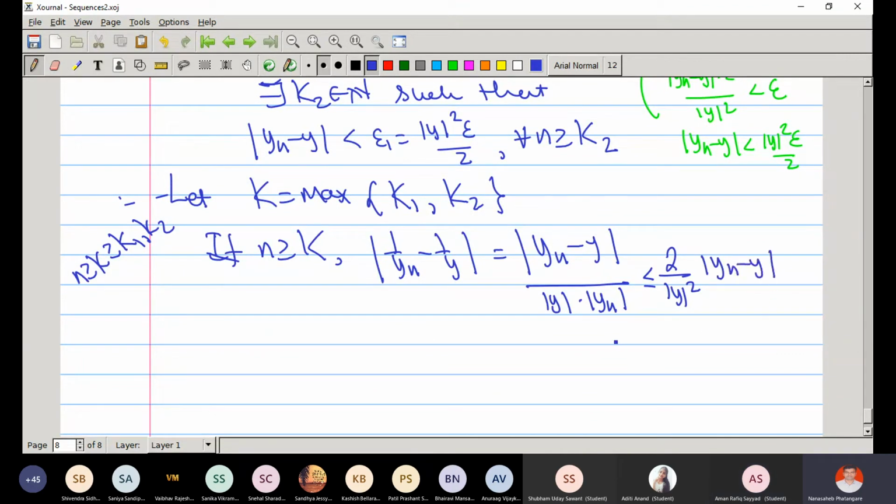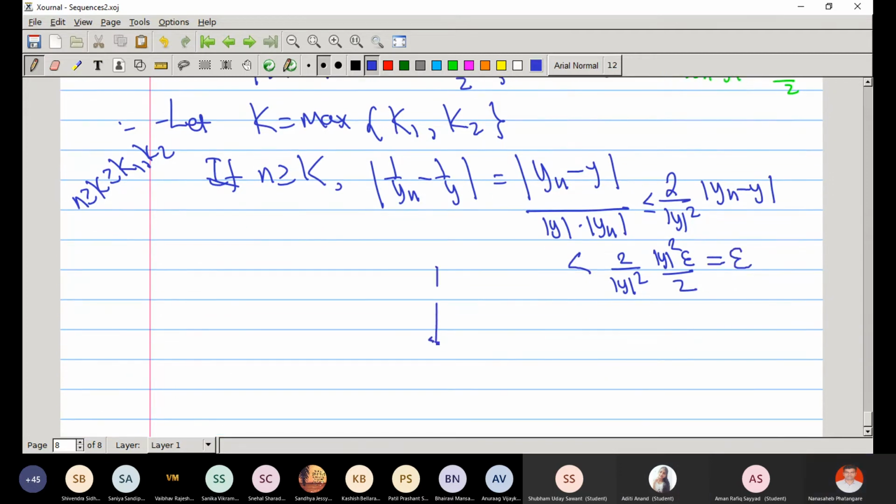Further, n is greater equal k2, so I will write 2 upon this number as it is, but yn minus y distance is less than what? Am I right? Yes, sir. And this is ultimately epsilon. So what is the final conclusion?